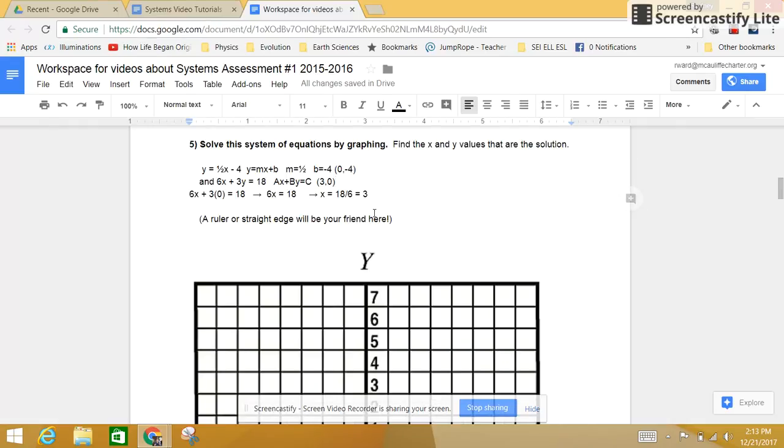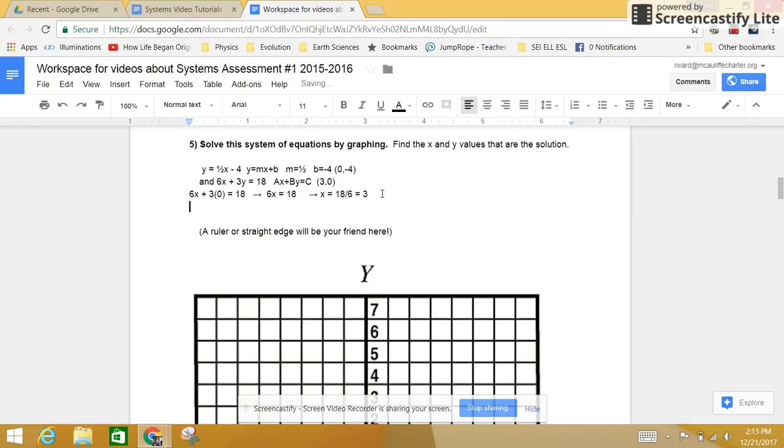Okay. Now my y-intercept is somewhere where x equals 0. So I put the same equation in here, and instead of making y 0, I'll make x 0. And that means 6 times 0 is going to go away, and I'm going to be left with 3y equals 18. I'm going to divide both sides by 3, so y will equal 18 divided by 3, which equals 6.